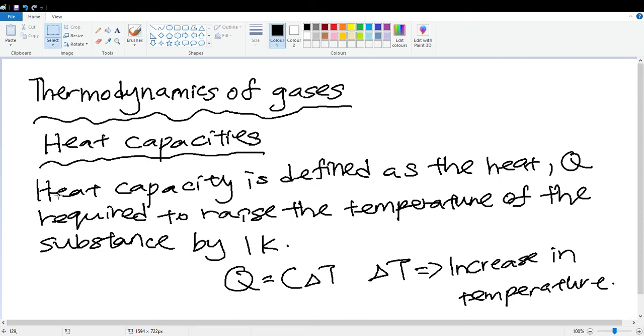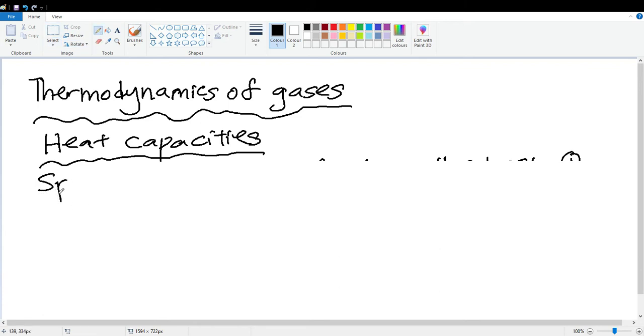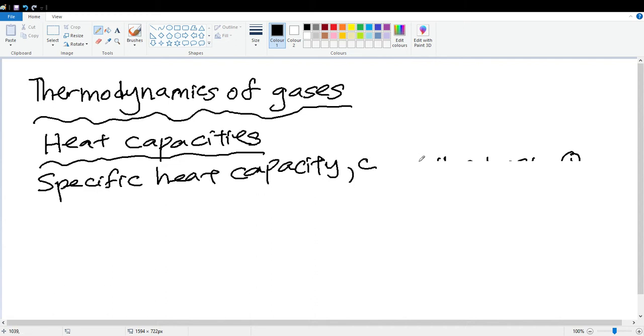What about the definition of specific heat capacity? Let me erase this first. Now the capital letter C was used before, and this one should be the small letter c.